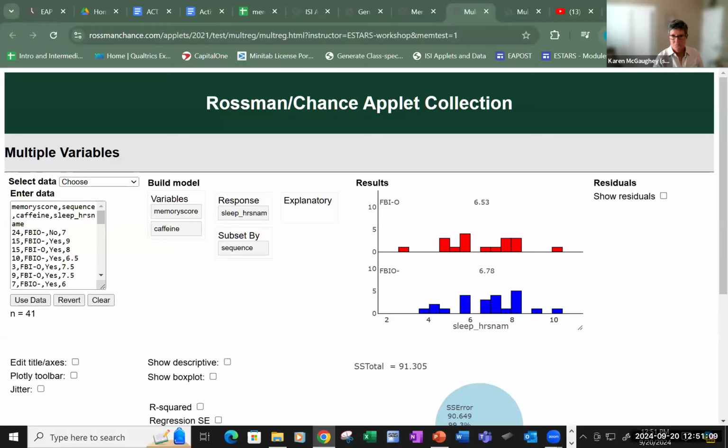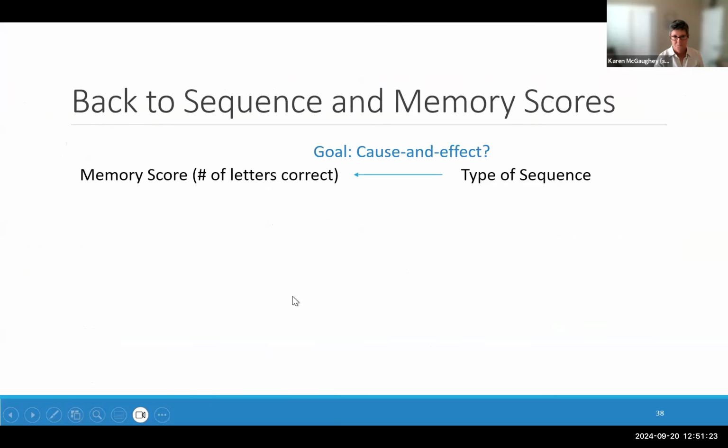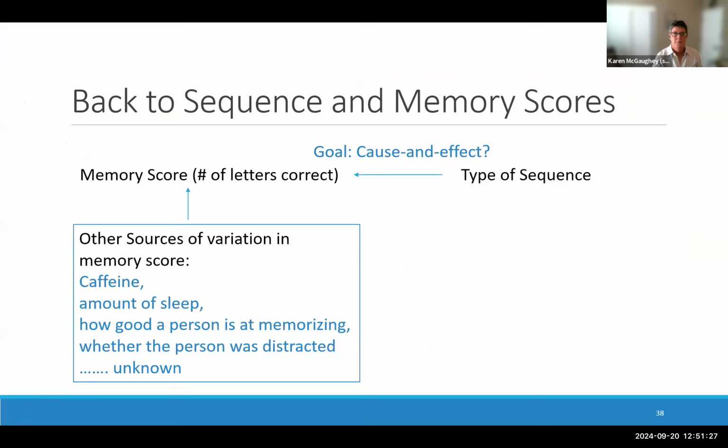So to kind of circle back to the memory study, this was the ultimate goal: we want to try to determine whether there's a cause and effect relationship between type of sequence and memory score in the presence of all of this other variability.